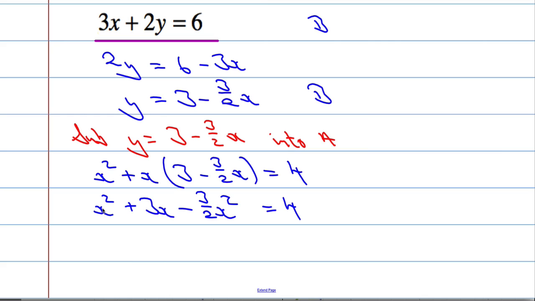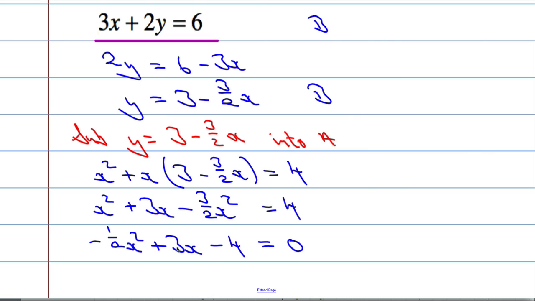Okay, so let's collect our like terms together. x squared minus 3 over 2x squared is minus a half x squared plus 3x. I'm going to take 4 off both sides as well here so that it's equal to 0. Take away 4 will be equal to 0.